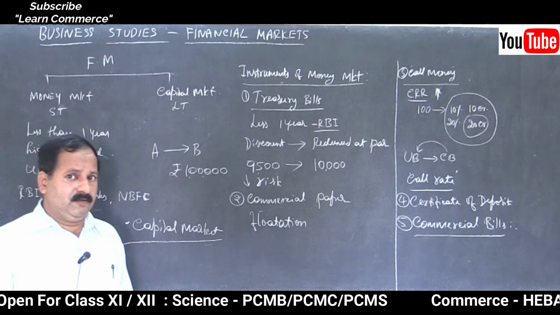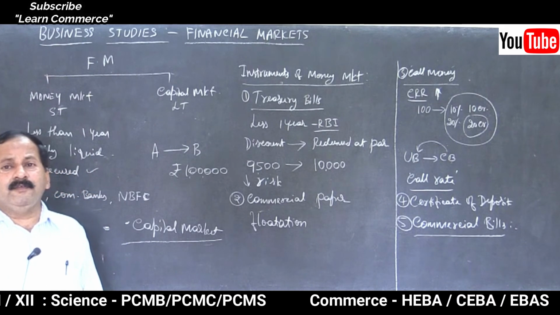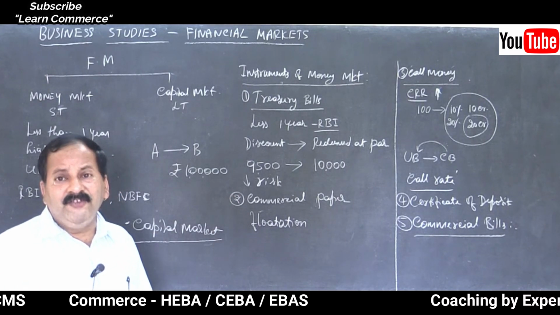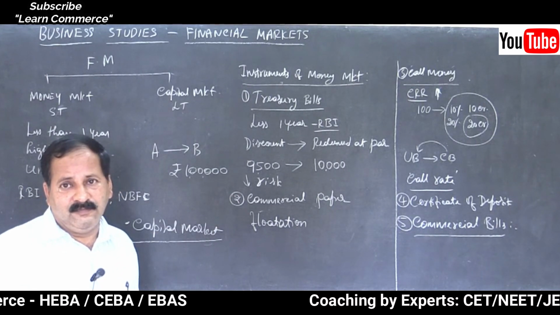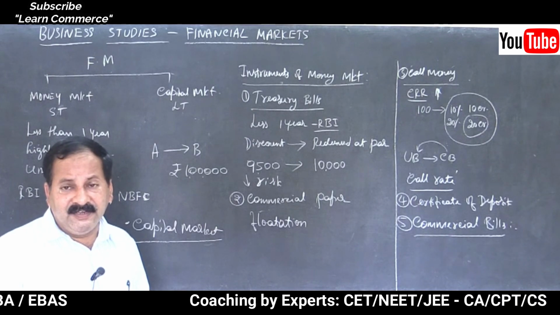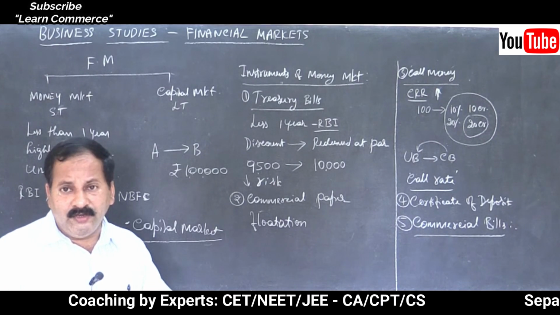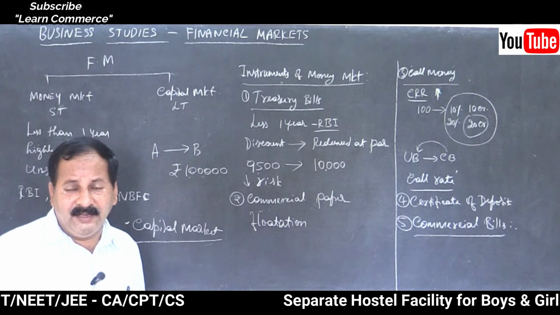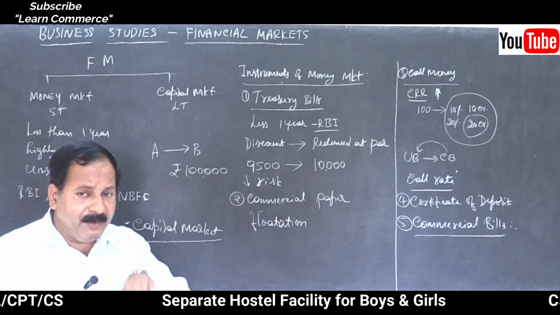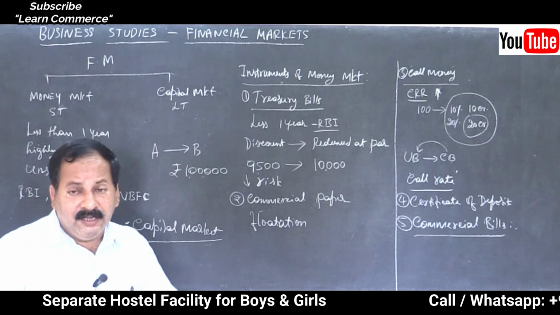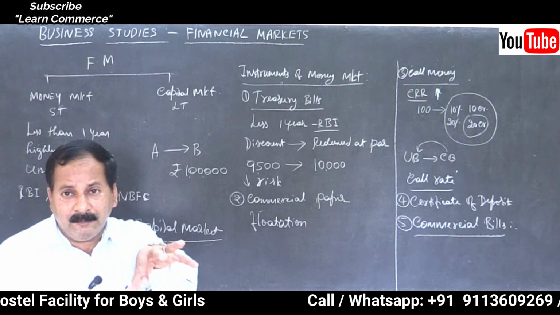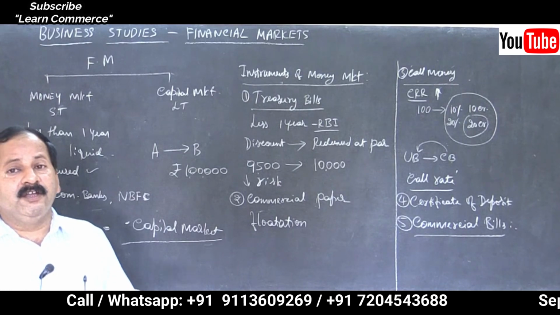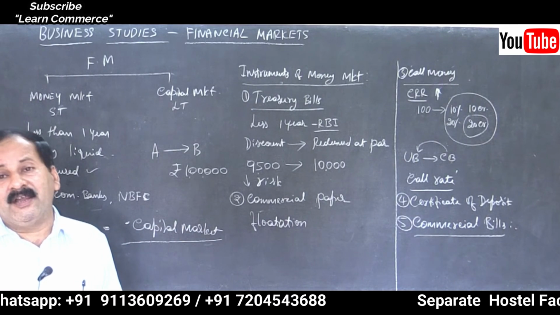And again, in case of long term market or capital market, there will be institutional setup. But in case of money market, there is no institutional setup. Like, you cannot buy from a particular area. Any instrument cannot be bought in a particular area or in a particular building or in a particular place, isn't it? So there is no particular place for short term instruments or money market.